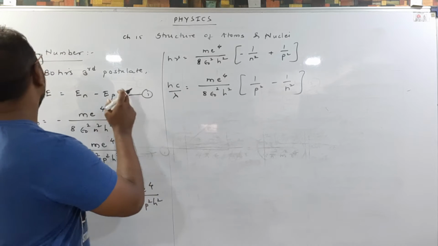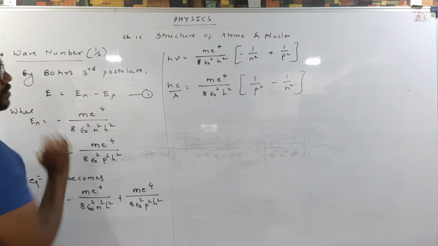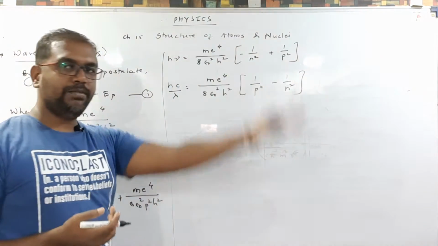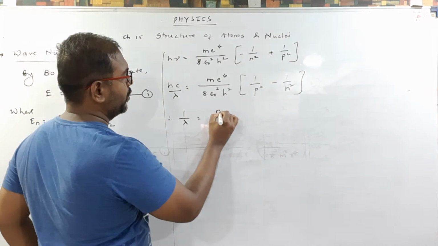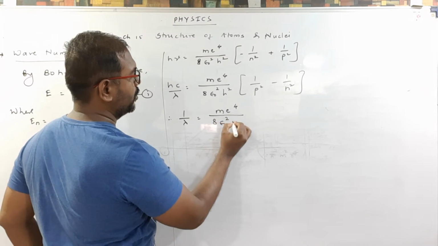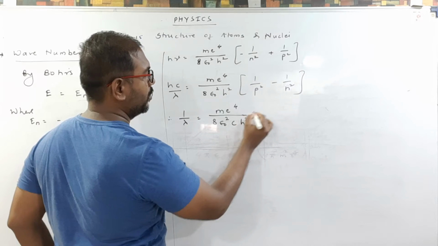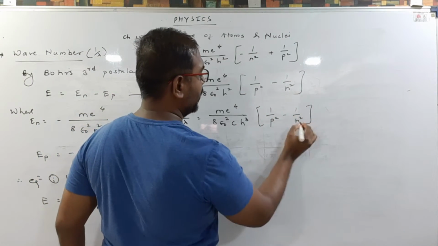By using that I have to write a formula of wave number. Wave number means basically 1 by lambda. So 1 by lambda we have to obtain, so transfer h and c to that side. Hence 1 by lambda is equal to me raised to 4 divided by 8 epsilon 0 square c h cube, since h square times h is h cube, then in a bracket 1 by p square minus 1 by n square.